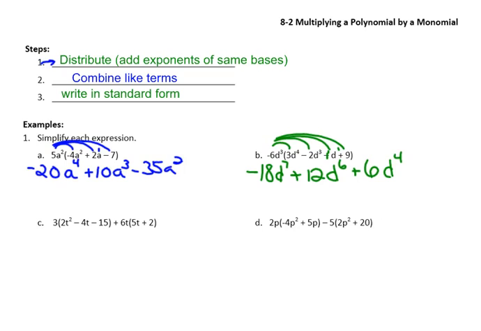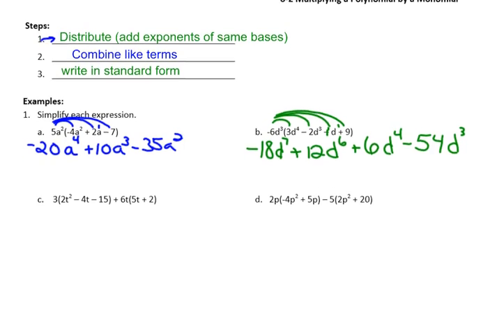Negative 6 times 9 is negative 54. I don't have any other d's to worry about, so we just write down d to the 3rd. No like terms in this case, and it's in standard form because we're going 7, 6, 4, 3. We didn't have a 5, that's okay. You're not going to always have every single exponent represented.